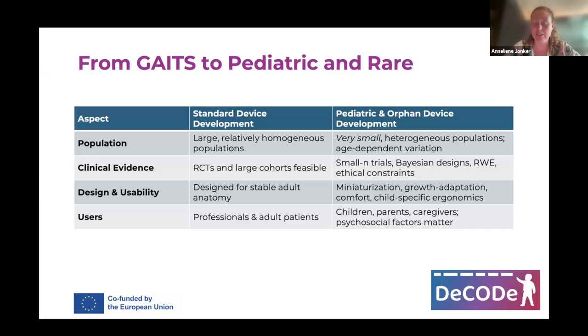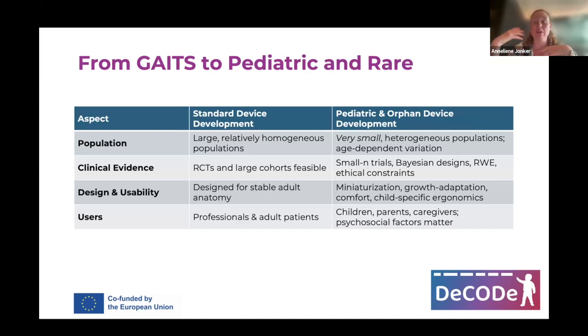Those challenges are in terms of the population, the fact that we work with a very small heterogeneous population, the fact that sometimes in clinical evidence gathering we are in different kinds of trials: small trials, using Bayesian designs, relying on real-world evidence, having ethical constraints, but also the fact that we have a different design and usability for the purposes of the devices that we work with.